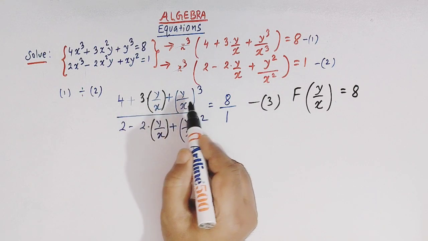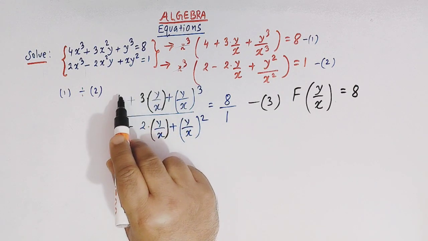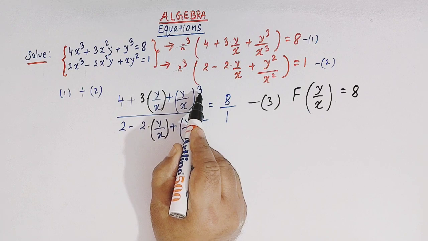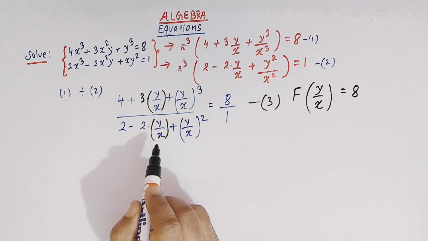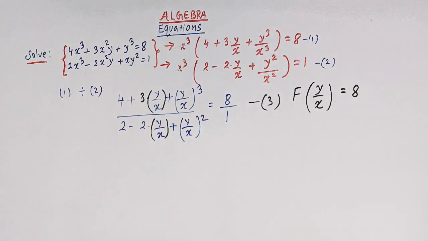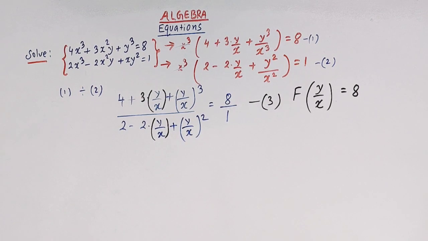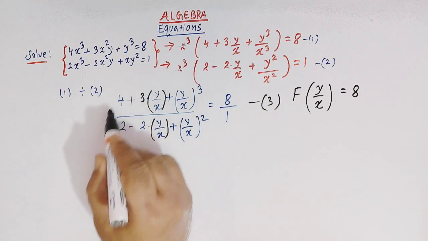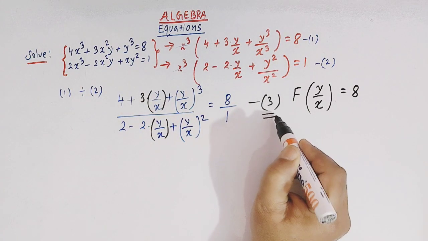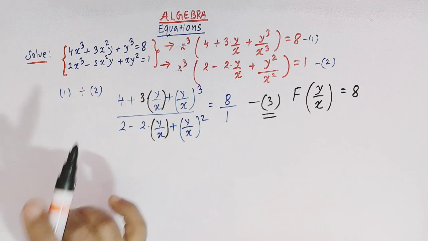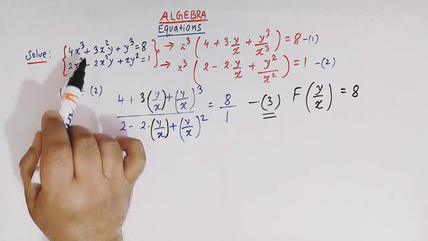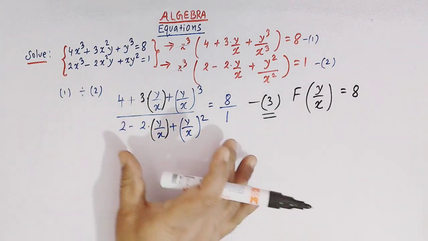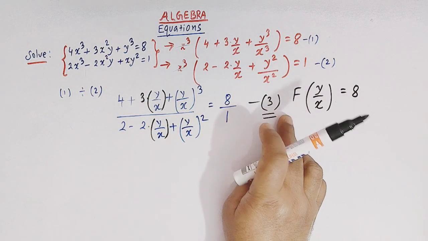So here the numerator is a homogeneous function of degree 3, and the denominator is a homogeneous function of degree 2, right? So now to solve this equation, that is 3, which is a combination of these two equations, right? So we have merged these two equations into this equation number 3, right?